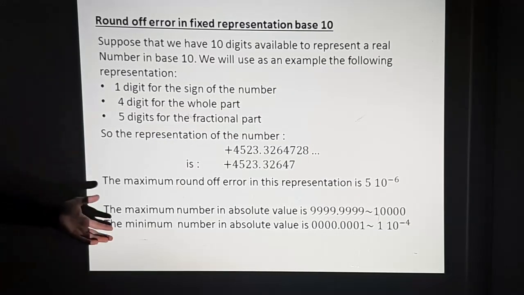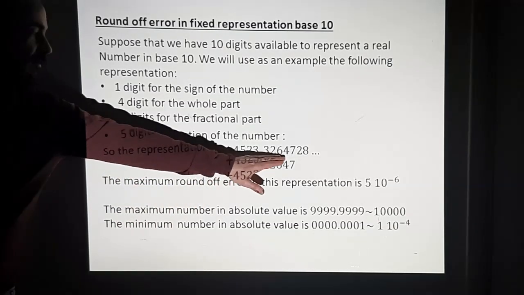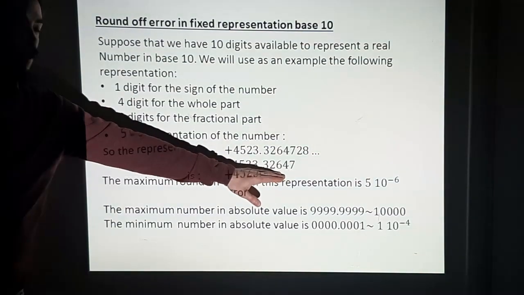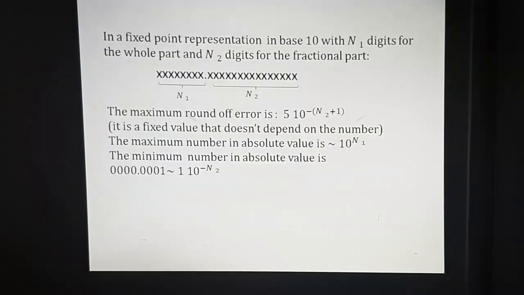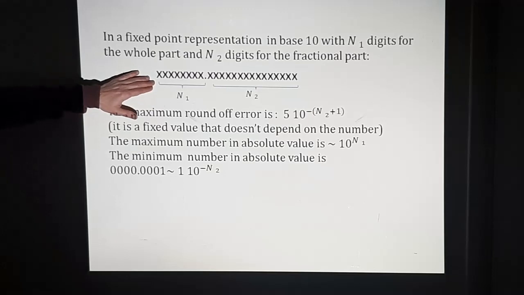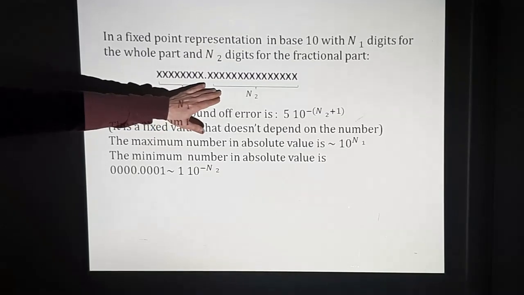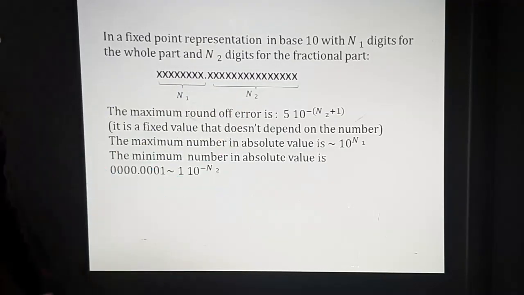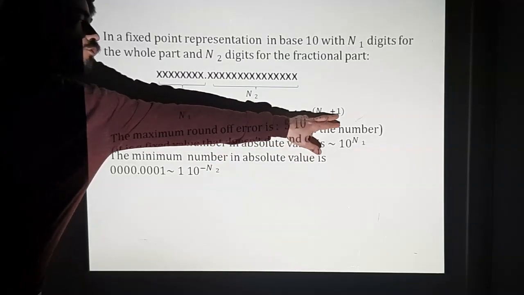So we assign a finite number of digits for the whole part and a finite number of digits for the fractional part. In this representation, if the number of digits for the whole part is n1 and the number of digits for the fractional part is n2, then the maximum round-off error is 5 times 10 to the power minus n2 minus 1.